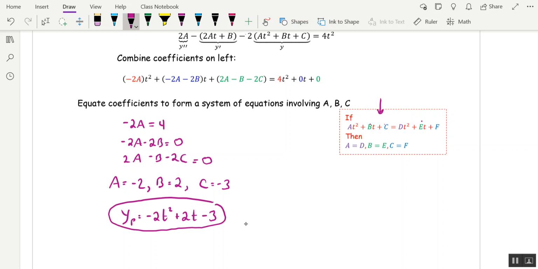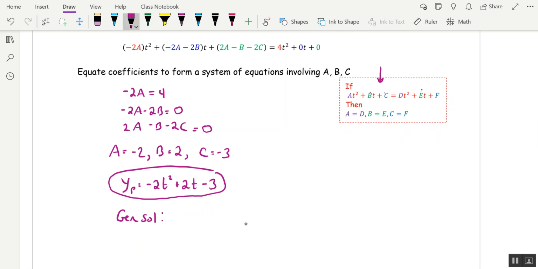All right. Now, we were only asked for a particular solution in this case, but if we had been asked for the general solution, I'll write that down too, then the general solution would be yp plus yc.